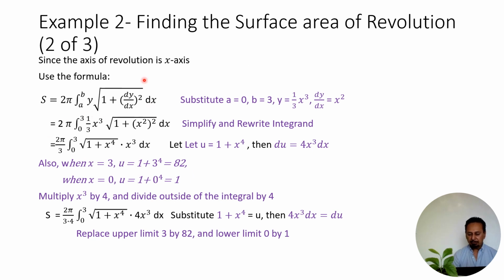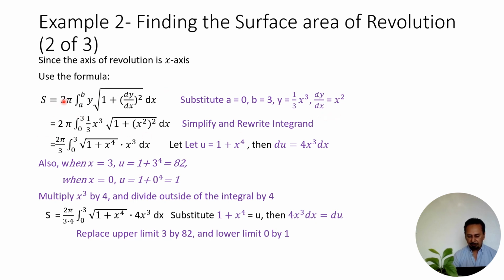Okay, now the axis of revolution is the x-axis. So the formula we're going to use is 2 pi integral from a to b of y times the square root of 1 plus (dy over dx) squared dx. Now we substitute a is 0, which was given, b is 3, y is 1/3 x cubed, and dy over dx we found is x squared.